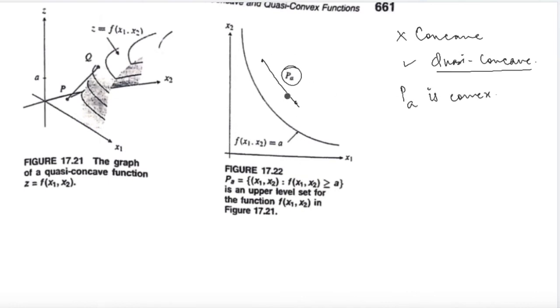If the set PA is convex for every possible number a such that f of x is greater than or equal to a, that is, if all the upper level sets formed for all these a values are convex, then the function is said to be quasi-concave, and this can happen despite the main function not being a concave function.